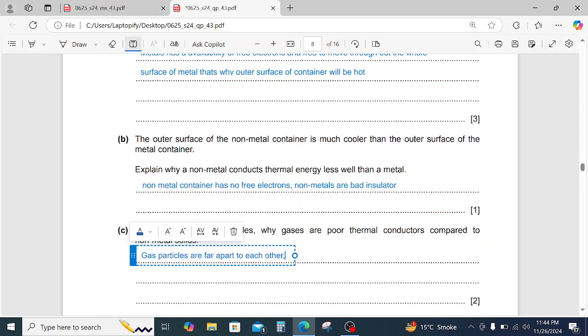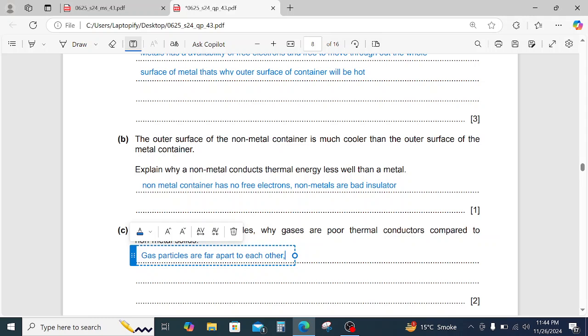This is the big reason behind this, because the particles are not close to each other. That's why they could not transfer heat energy easily. So you can write two sentences, then you can get easily 2 marks.